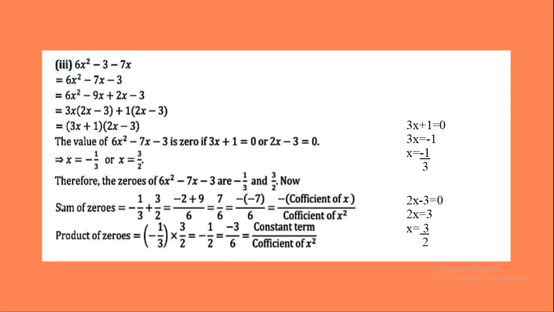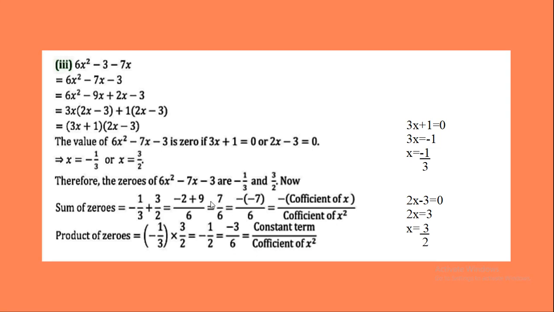Next we can verify the relationship between these zeros and the coefficients of this polynomial. For that, taking the sum of zeros, we will get minus 1 by 3 plus 3 by 2, that is equal to minus 2 plus 9 by 6, that is equal to 7 by 6.